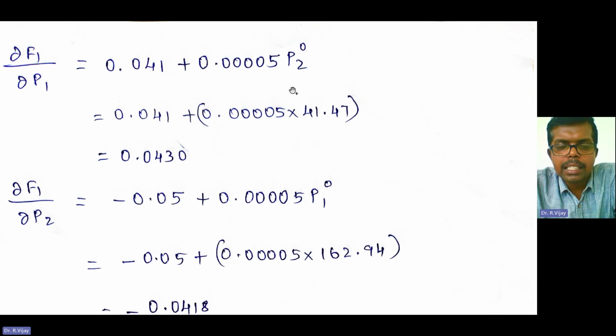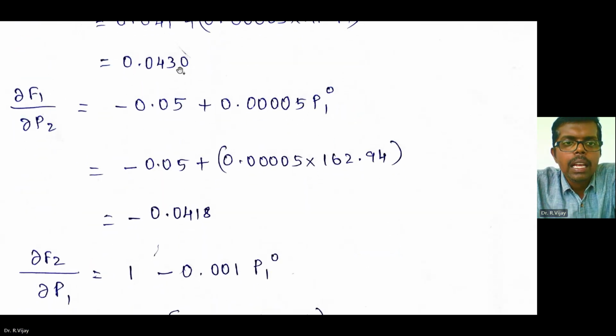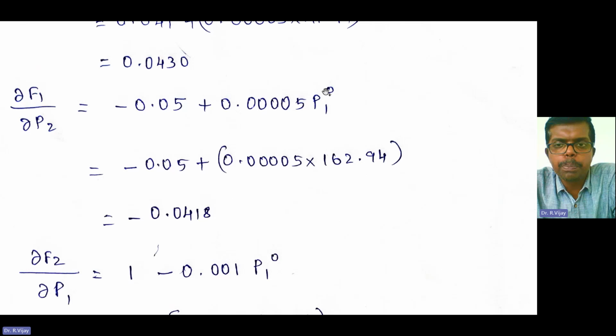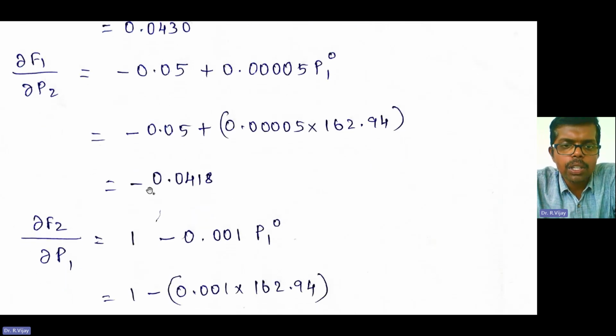Just substitute here and you'll get dou F1 divided by dou P1 equal to 0.0430. Similarly, for dou F1 divided by dou P2, differentiate that function and substitute P1 naught, which we already calculated as 162.94 megawatt. You'll get minus 0.0418.